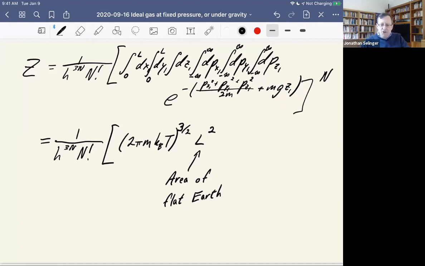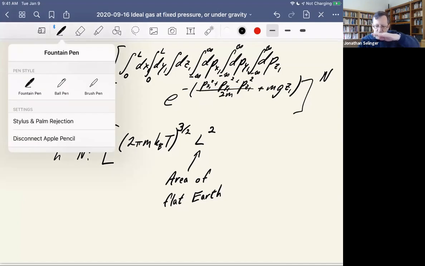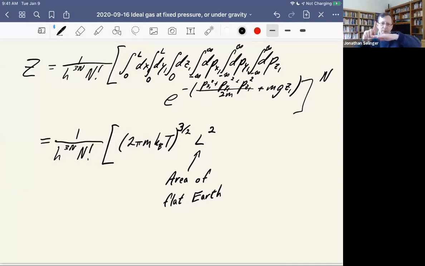First of all, what are the possible values of z? Well, there's a minimum value of z, which is right on the ground. The molecules can't go lower than ground level, so the lower limit of integration is 0. But the molecules could go arbitrarily high.